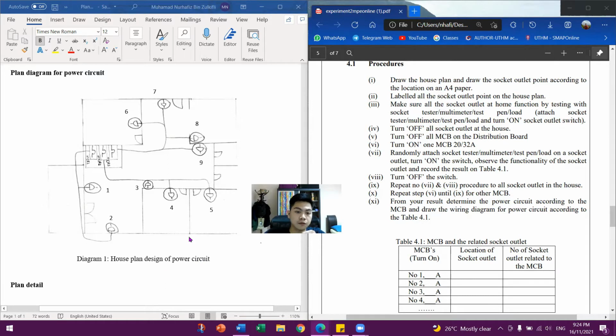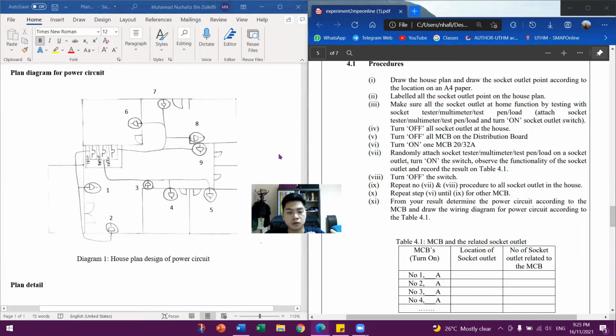The design of the power circuit will consist of 3 MCB and a total of 9 sockets. So we are using the ring circuit for this house plan design.